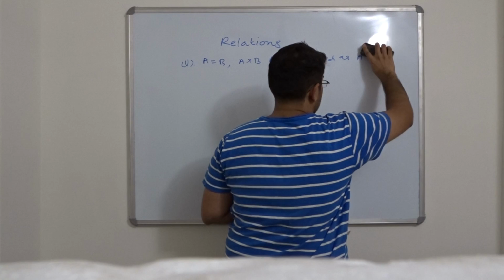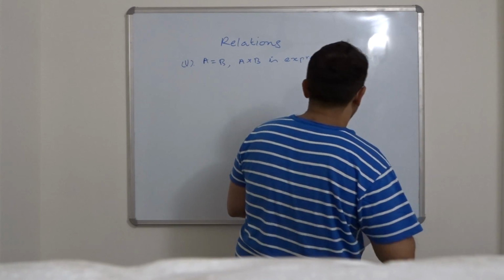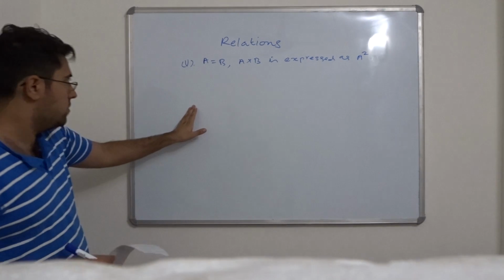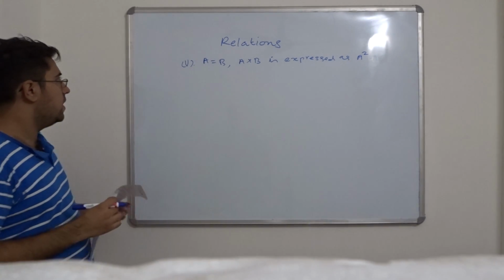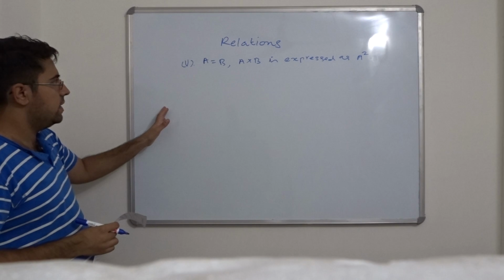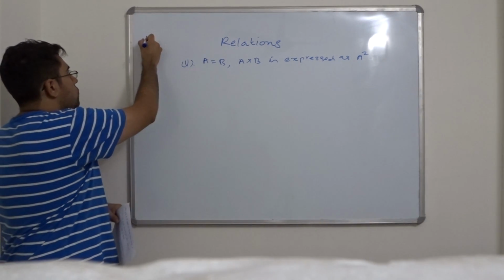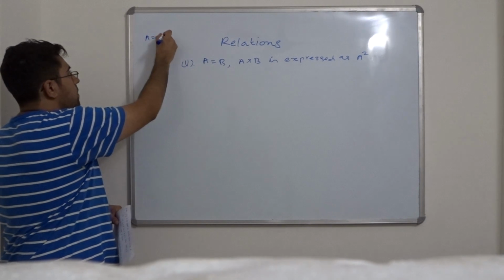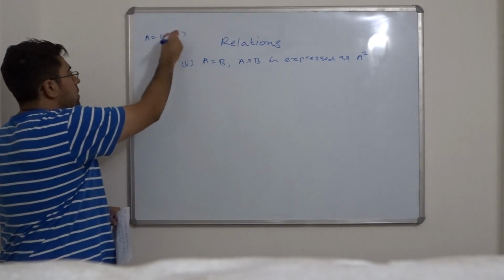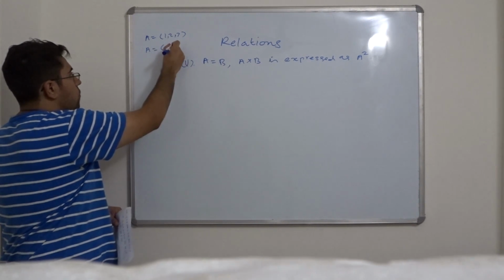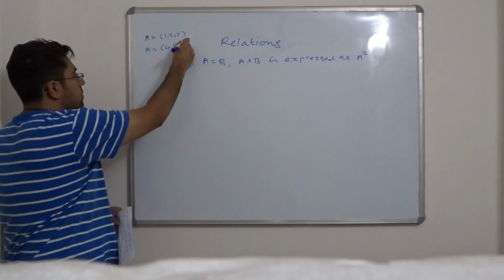It's common sense. You can have two sets, and both those sets can be represented by A. So A can equal, say, 1, 2, 3, and another set can be equal to maybe 4, 5, 6.